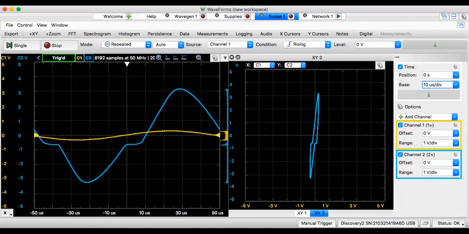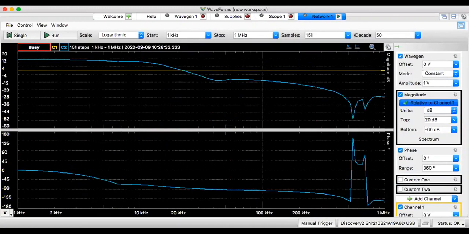Yeah, that's about 3.3. Yeah, the gain is almost there. For 10K, the gain is about 10. For 1K, right here, the gain is 10, perfect 10.